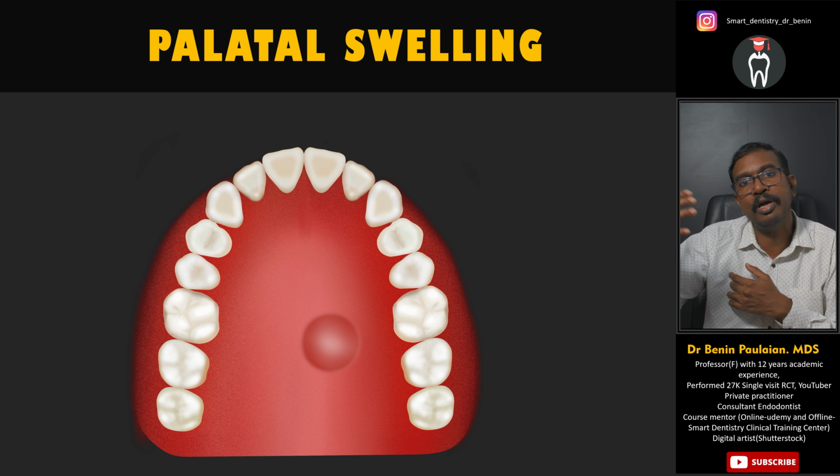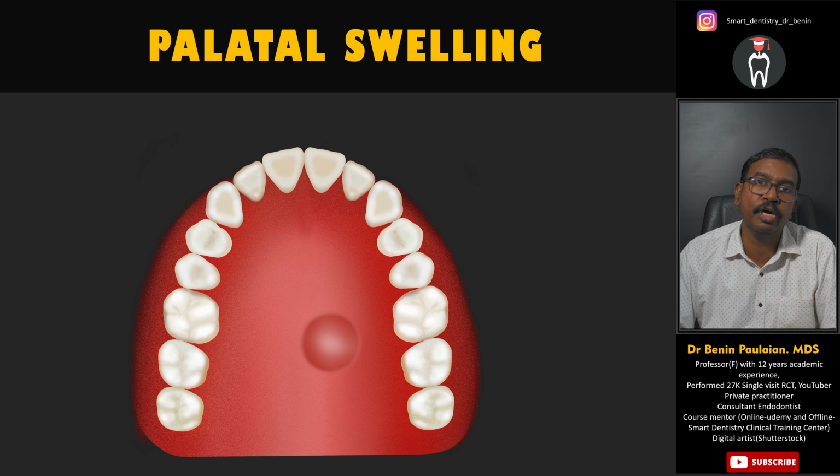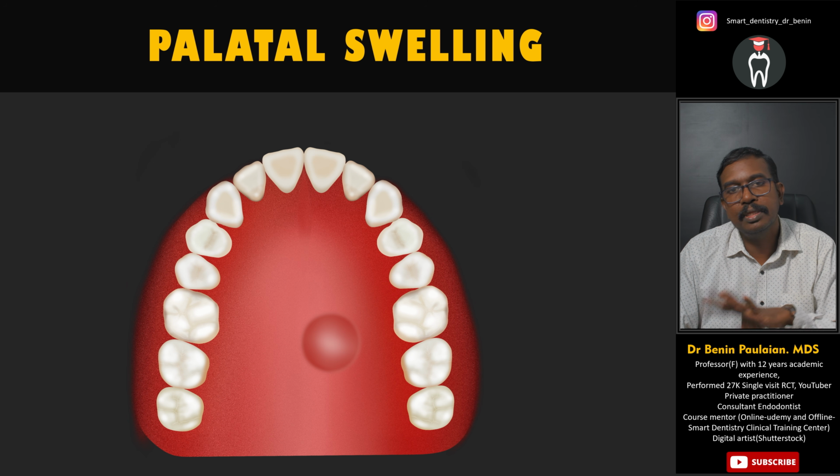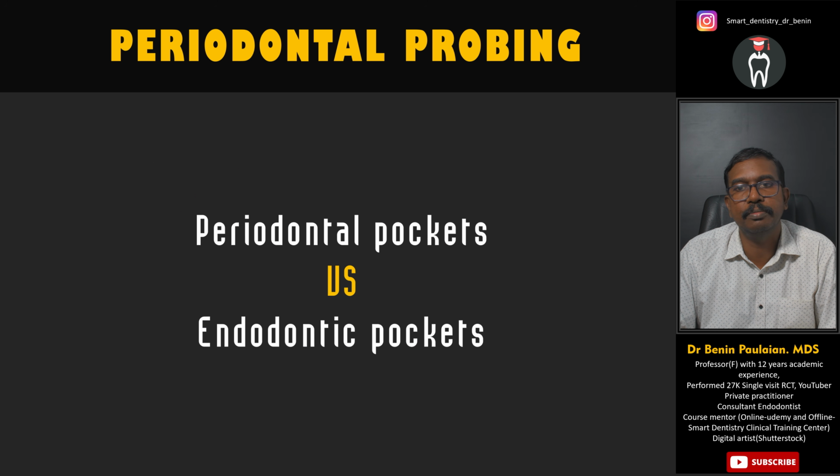The palatal root is quite far from the buccal surface, and when the tooth is non-vital and the pulp chamber is quite big, we can expect a swelling close to the middle. So the probable tooth in question is the maxillary first molar.